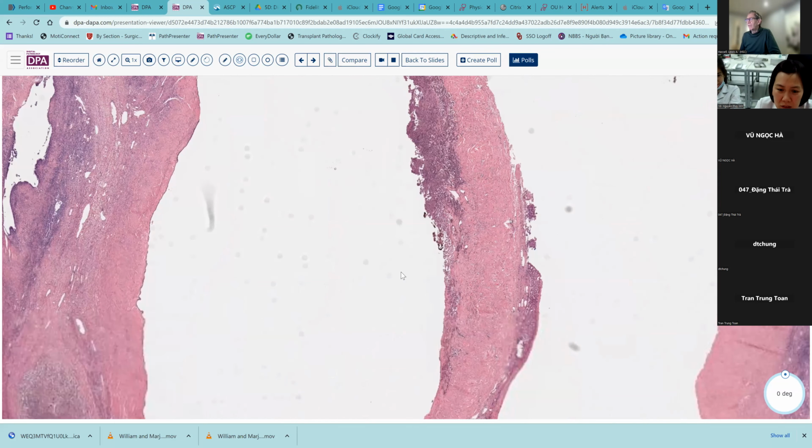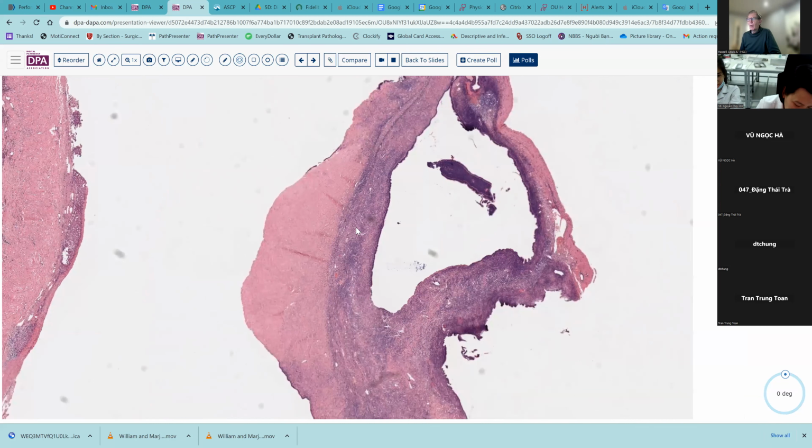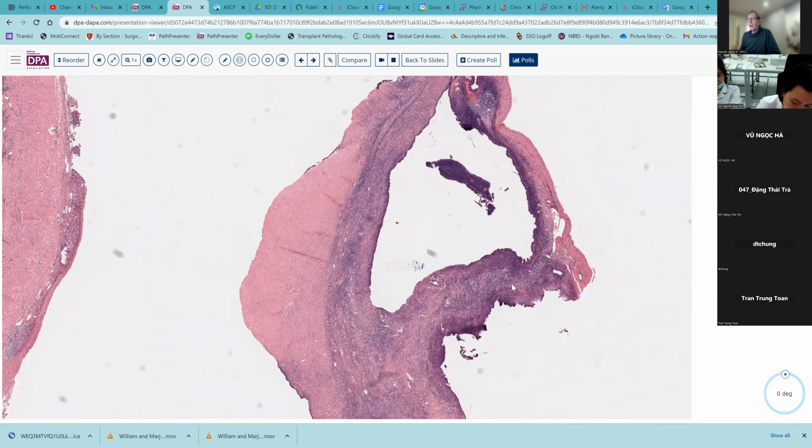So here's another area of it over here. Now, sometimes this stroma is quite abundant, as you see here, and sometimes you just have a very small sliver of that kind of stroma. So I'll show you some more examples, and this includes a few cases that have been, how would I say this, missed.